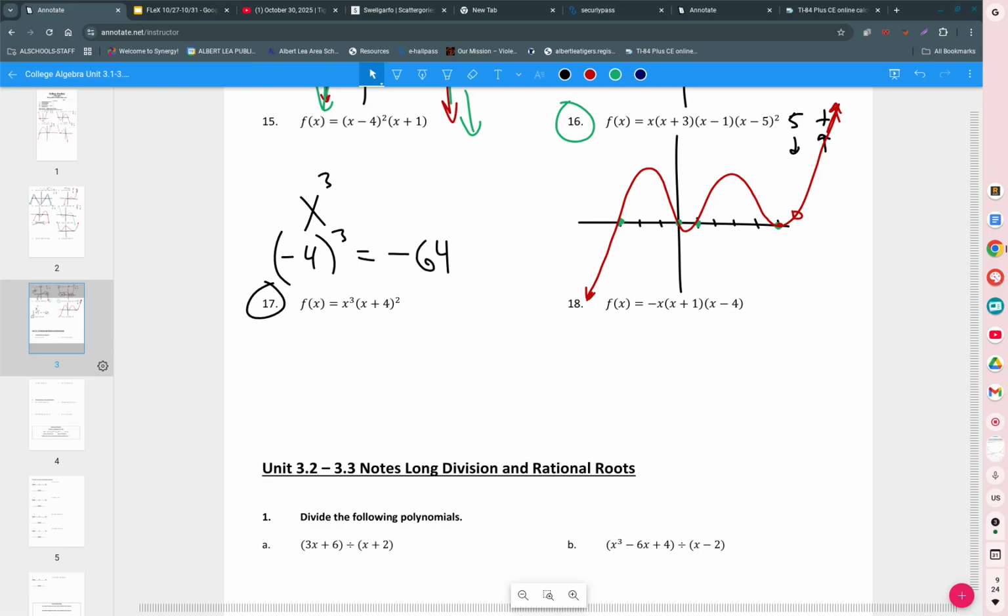So it starts up, passes through, double root, so yes, it does drop below the x-axis. If it was x minus 3 squared times x plus 4 squared, now that is always going to be positive. It will never drop below the x-axis. That's different.